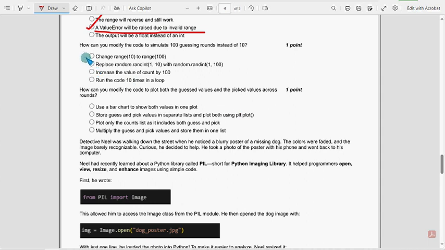The 19th one: the first option could be the probable one, change range of 10 to range of 100. Next, the 20th question. For the 20th question, the second option could be the probable one: store guess and pick values in separate lists and plot both using the plt.plot method.